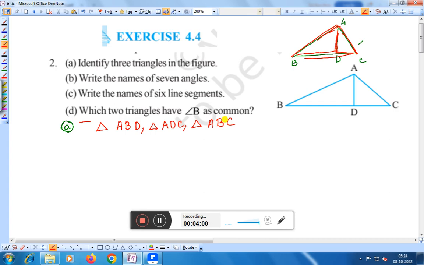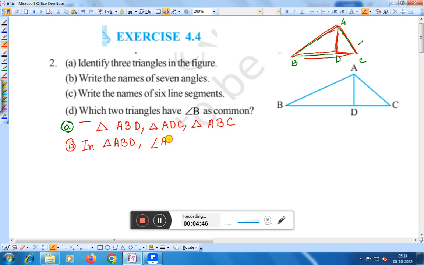Now, question B is write the names of seven angles. You have to name the angles, seven angles. First of all, we'll find the names of seven angles. Now, first in triangle ABD, we write angle ABD.